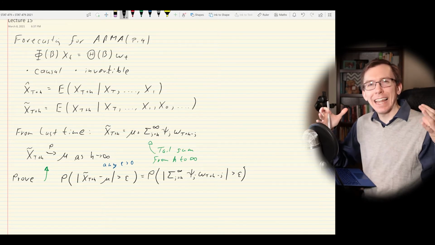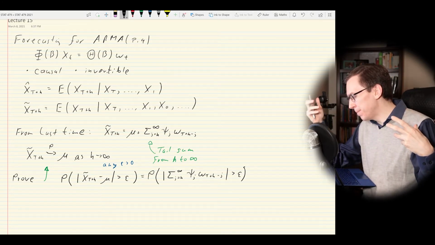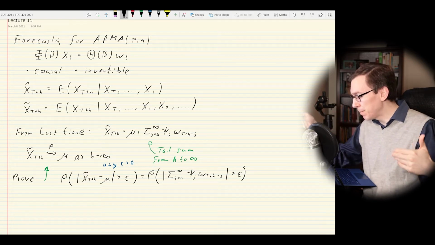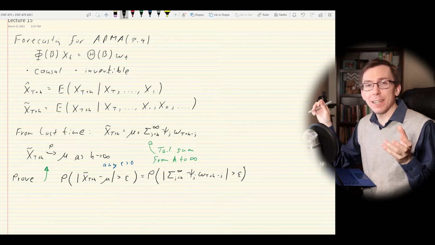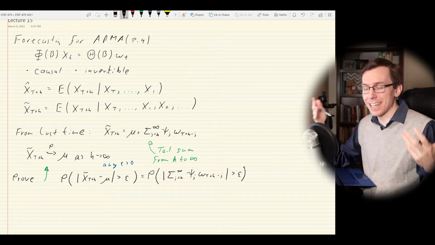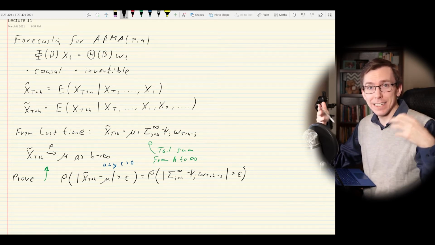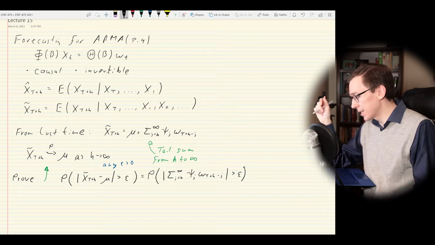Now, we already said last time, intuitively, this thing can't stay bigger than 0 in the limit as h goes to infinity, because in a series sense we need the tail sum to go to 0 so that the series converges. We know the series converges, I think absolutely.